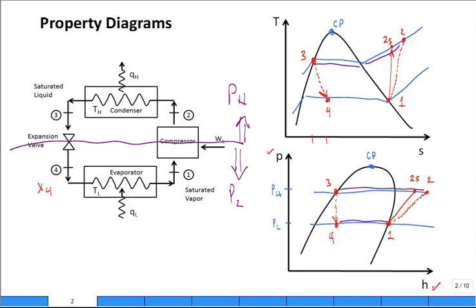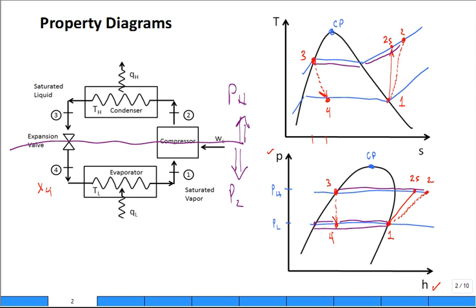Okay, we got 0.3. And so what you're doing is you're looking at the length of 2 lines and doing the ratio, true? How far is state 4 from saturated liquid towards saturated vapor? The length of this line divided by the length of that line is the quality.